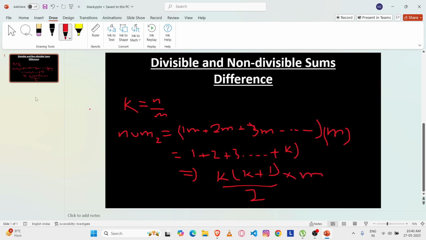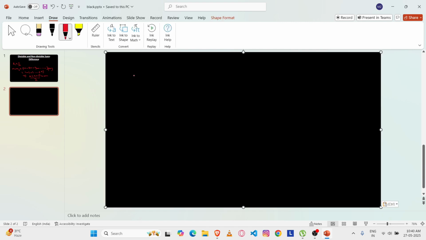Now this is this. Let me make another slide for you guys. For the next part, for the numbers which are not divisible, let's take num1. What we do here, the non-divisible sum would be 1 plus 2 plus 3 until n minus the divisible numbers, which we defined as num2.